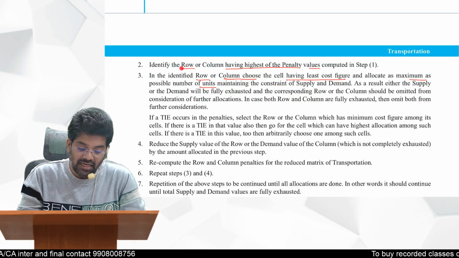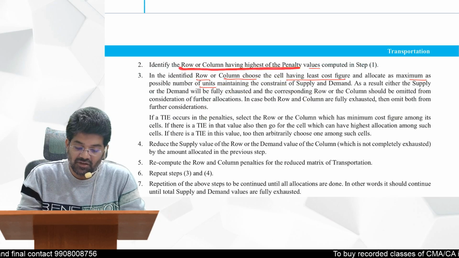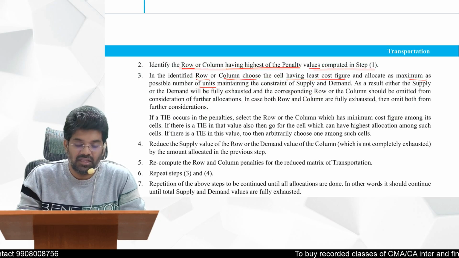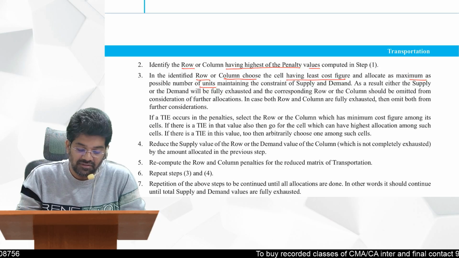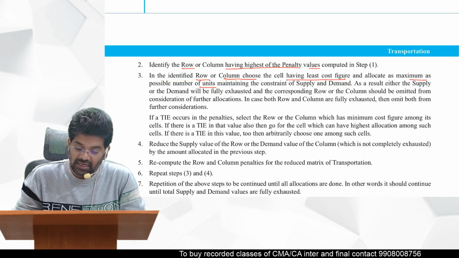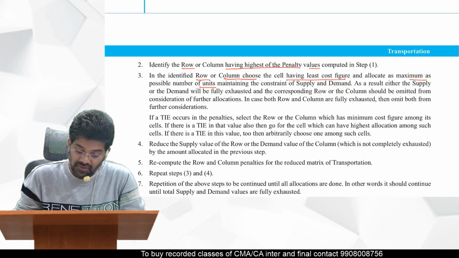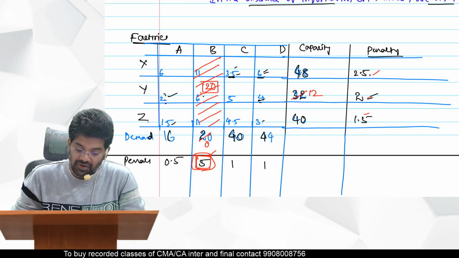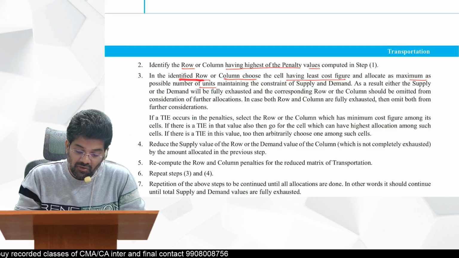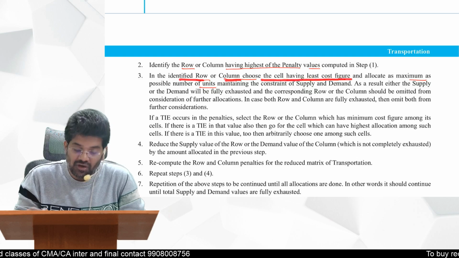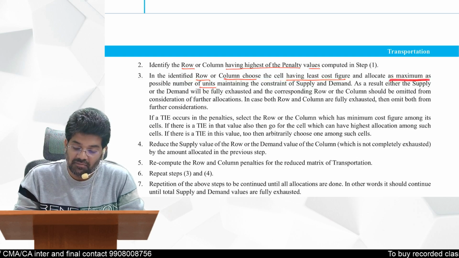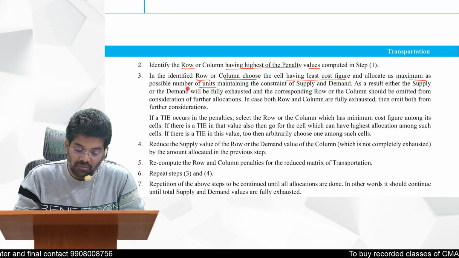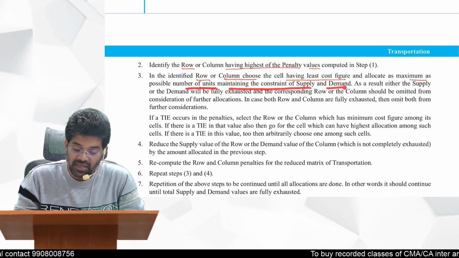Second, identify the row or column having the highest of the penalty values computed in step number 1. That is what we have done. Highest value. Now this is the identified column. In the identified row or column, choose the cell having the least cost figure, and allocate the maximum possible number of units maintaining the constraint of supply and demand.